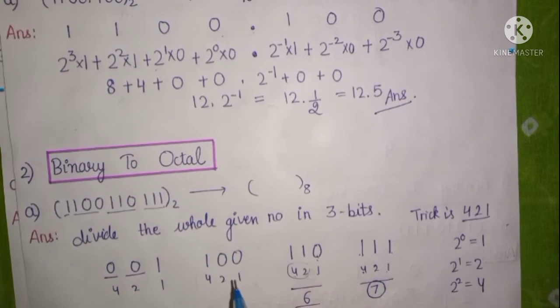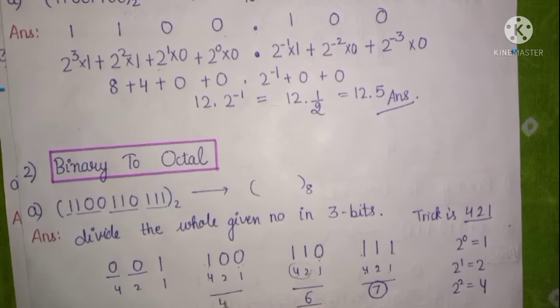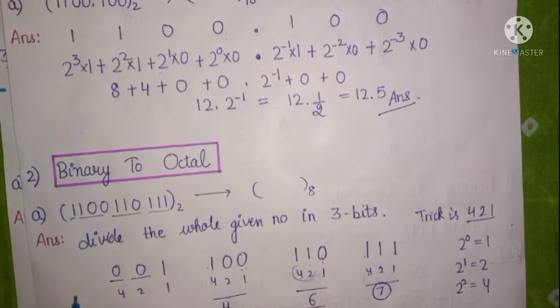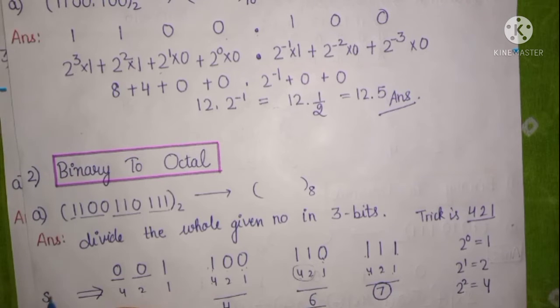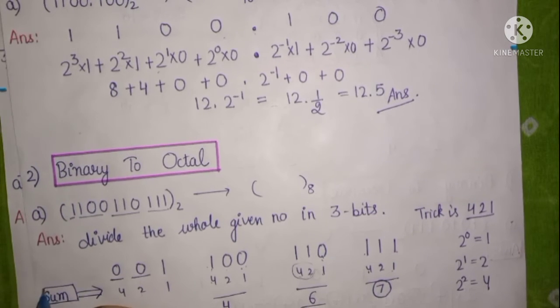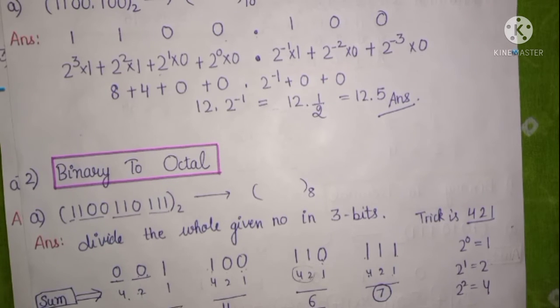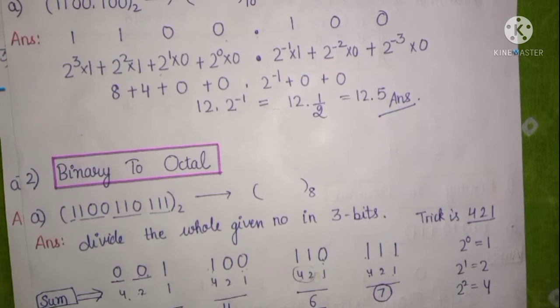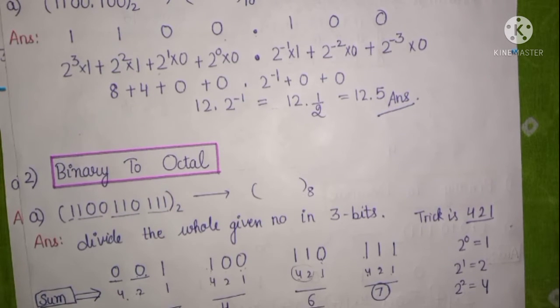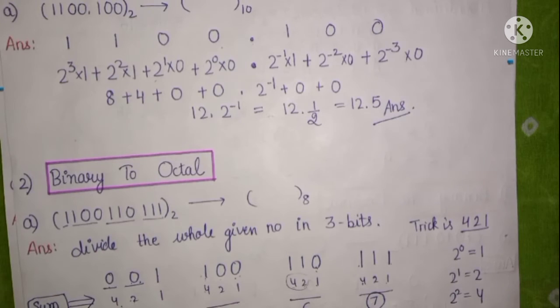Now here there are 2 zeros, so you don't count the zeros, you only count the ones. So it is 4. Next, you have to sum up only this row. Now it is 0 0, so you don't count that, you add only 1, so it will come 1. So the answer is 1467 in octal form, right?